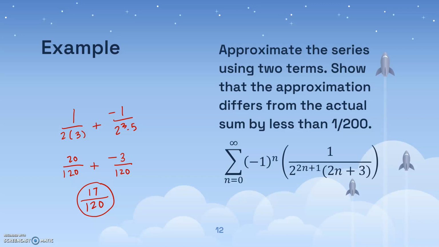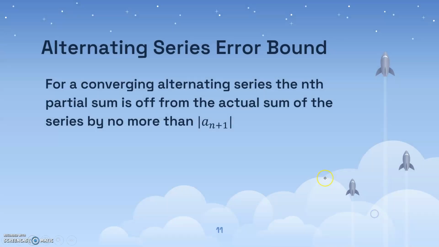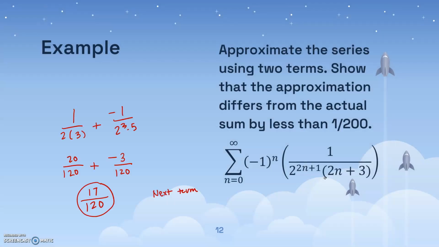So the way we do that is the next term would be, if I use n equals 2, I get 1/(2 to the 5th times 7), or 1/(32 times 7), or 1/224.